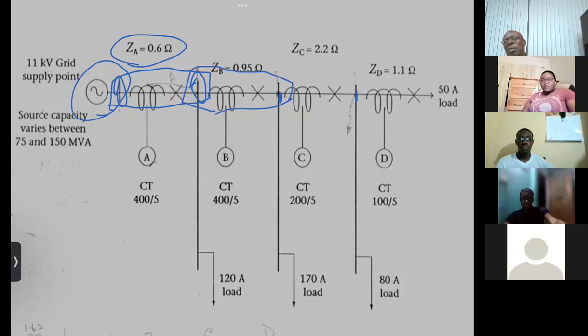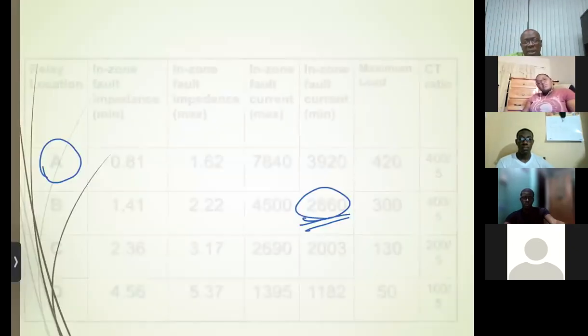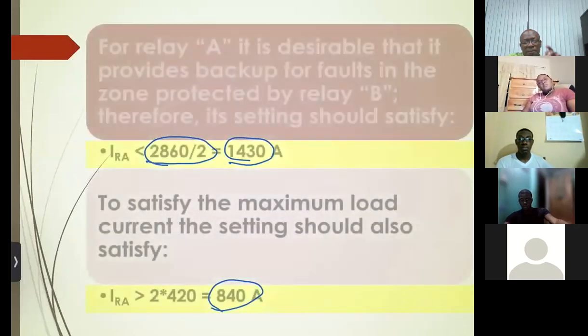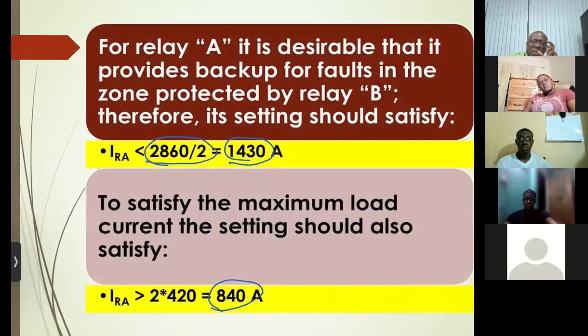Good. In this case, however, we're not looking at anything in the reverse, so the overlap would only be going forward. So at A, we are saying that it must be able to operate in the event B does not operate for its smallest fault.